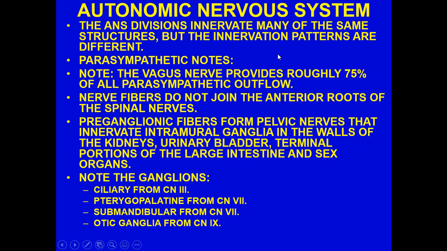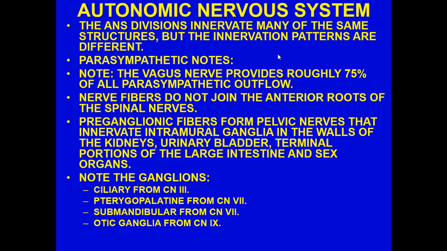Now, the ANS innervates many of the same structures, but the innervation patterns are different. When I mention this, you have to keep in mind that there are dual innervations with certain organs. Let me go up to the parasympathetic notes. The vagus nerve provides roughly 75% of all parasympathetic outflow. Nerve fibers do not join the anterior roots of the spinal nerves.